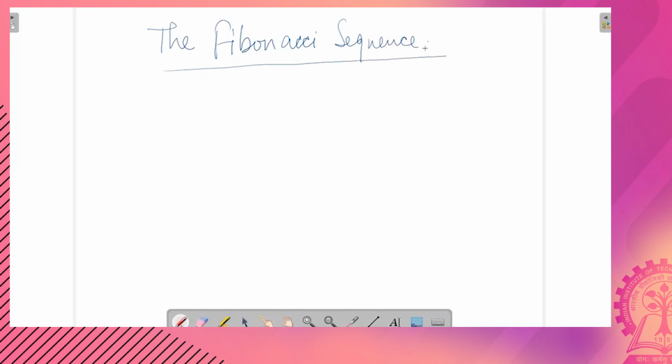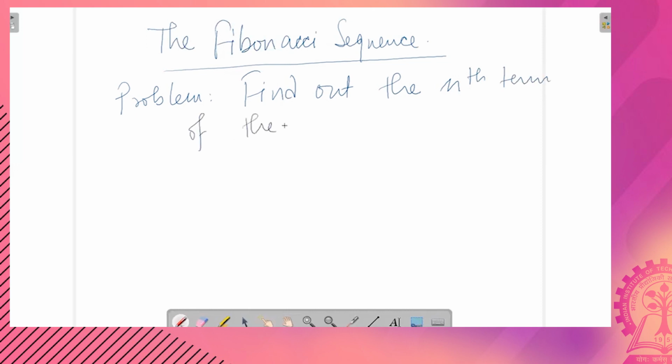The task here is to find the nth term of the Fibonacci sequence.